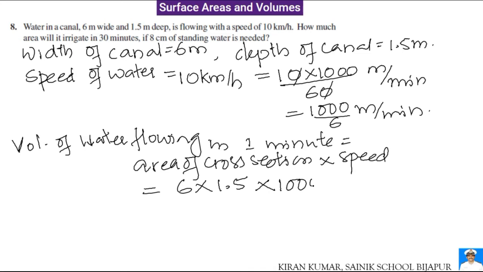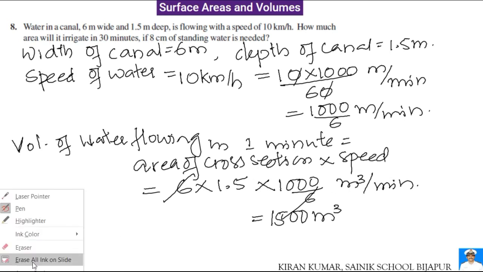It is 1000 divided by 6. We get in terms of meter cube per minute. So 6 and 6 will get cancelled. 1.5 into 1000 is 1500. So 1500 meter cube will be the volume in a minute.